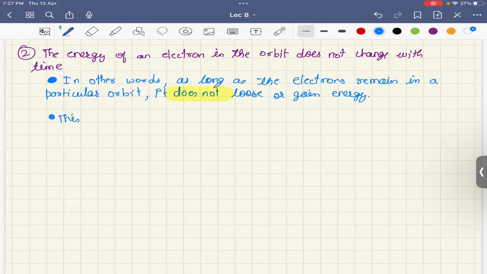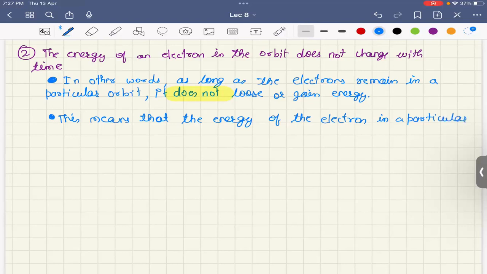This means that the energy of the electron in a particular energy shell remains constant. Okay, so this is important.